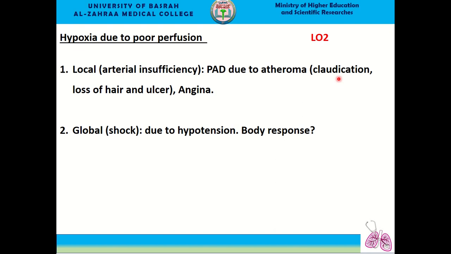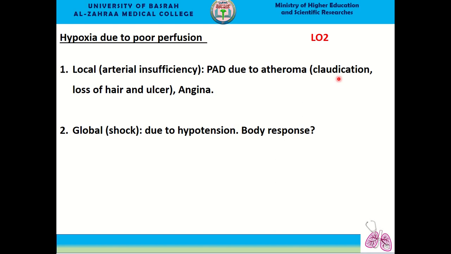And at that moment, the patient will stop and take a rest for a few seconds or minutes, and then resume walking, and then stop, and then walk, and so on. This is called intermittent claudication, which is a feature of peripheral arterial disease or atheroma.